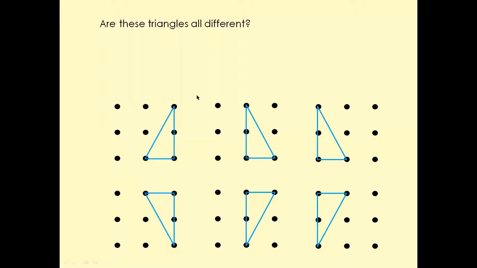The way we're going to answer this question in the exam is that all of these triangles are congruent because the corresponding sides are equal in all of them, and the corresponding angles are equal too.